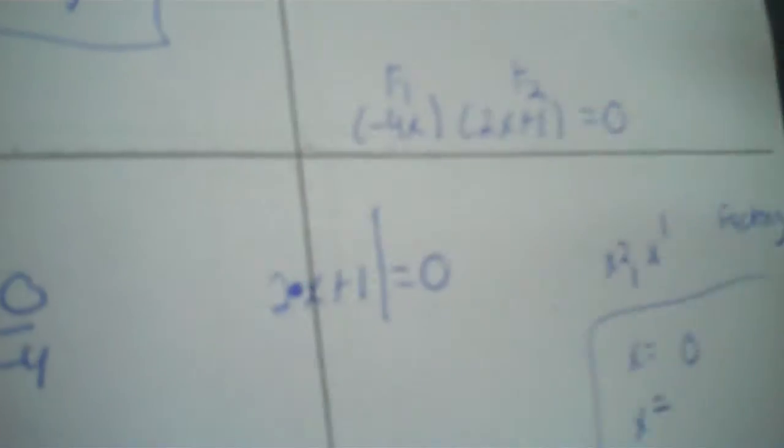So F1, F2. So negative 4x could equal 0, or 2x plus 1 could equal 0. So you take out your times by dividing. 0 divided by negative 4 is 0. And over here, you've got times 2 plus 1.